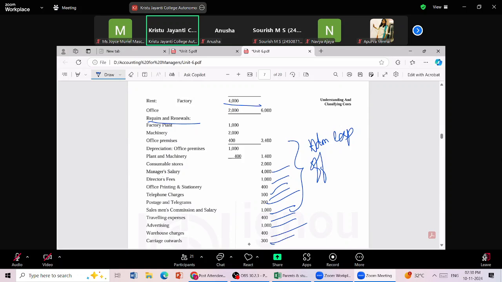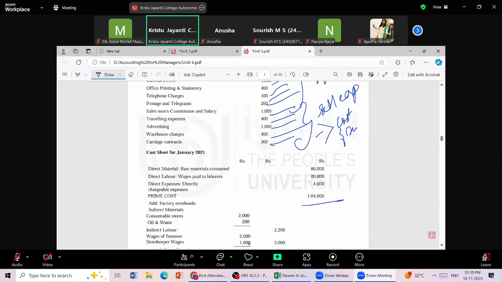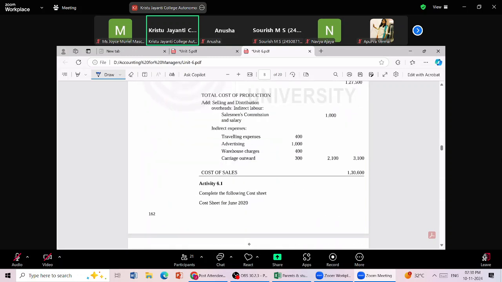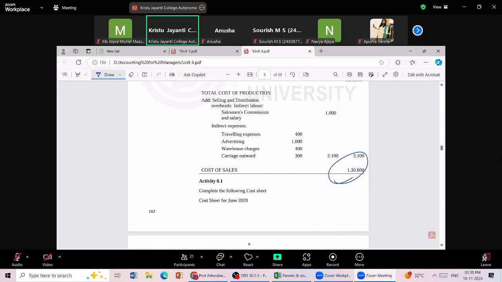Carriage outward is connected to sale. So this all together you add as a selling expense. When you add this, you get your cost of sale. So how much is it given? Yes, you can see here. After adding everything, selling expense on, you are getting your cost of sale. This is how you prepare a cost sheet.